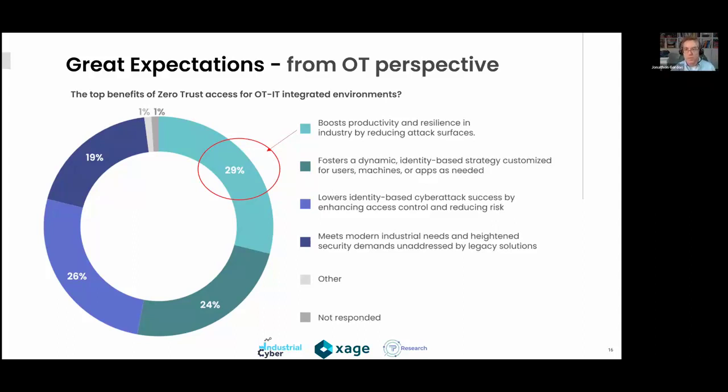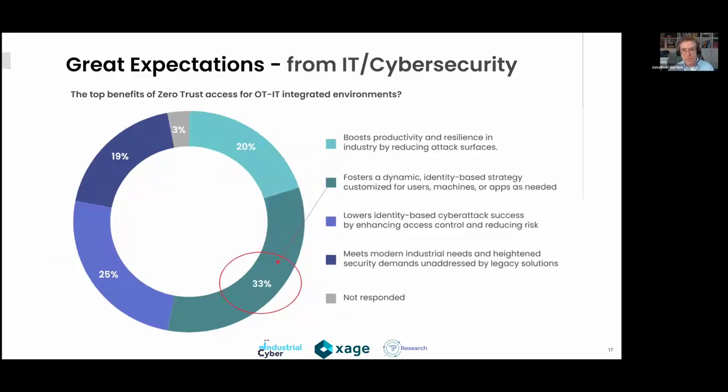So usability is incredibly important. It needs to be as transparent as possible, not putting up barriers or creating friction for the people using the system. And similarly, on the IT side, you have the focus on fostering the identity-based approach, but it's also about usability from a management and administrative point of view.